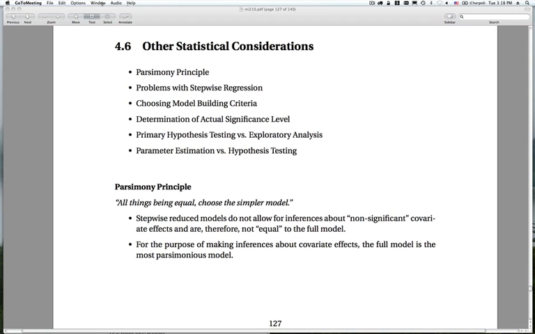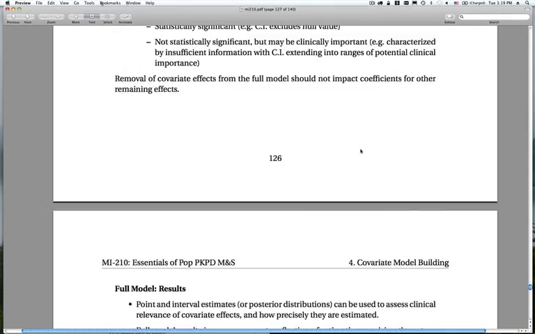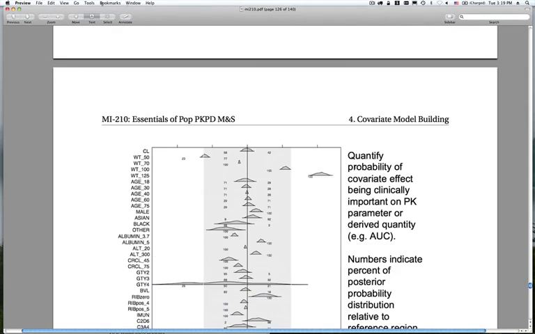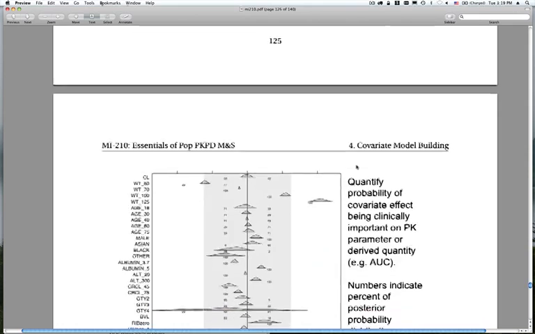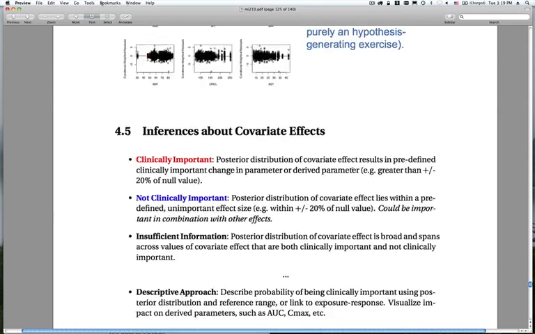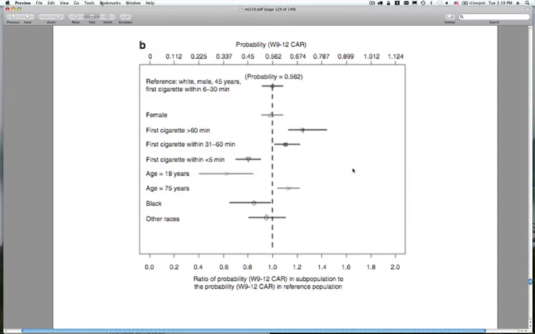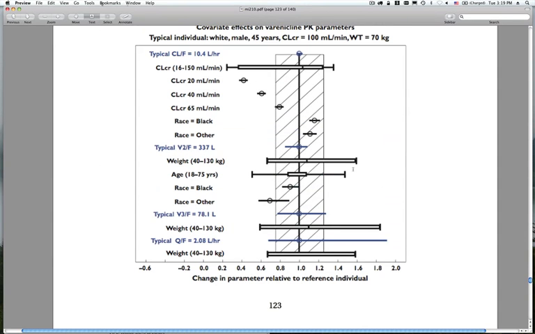The next question: explain further how to differentiate between no effect versus not enough information. Sure, let me show you. We'll go back to a graphic. Let's pick this plot here.